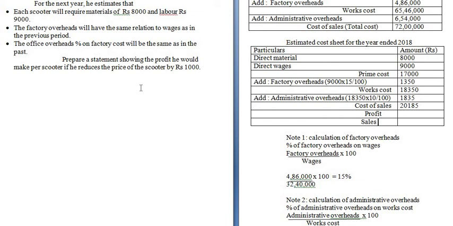In 2018 he has reduced it by rupees 1000 per scooter. So here 27,000 minus 1000, you will get 26,000. Okay, yes, now 26,000 minus 20,185. So your profit will be how much? 5,815. 5,815 is the profit.